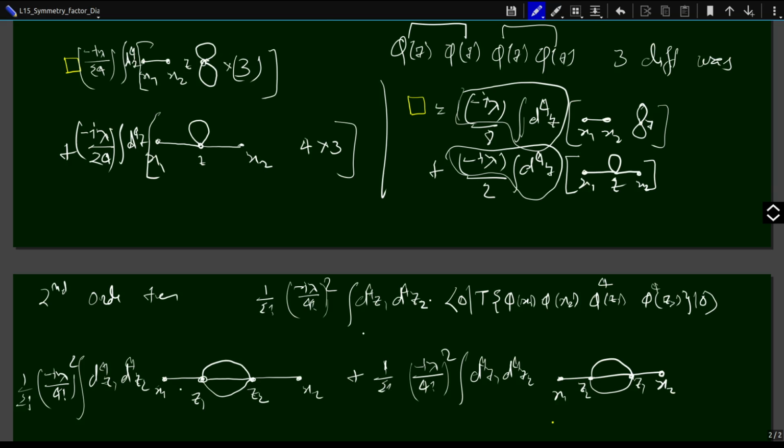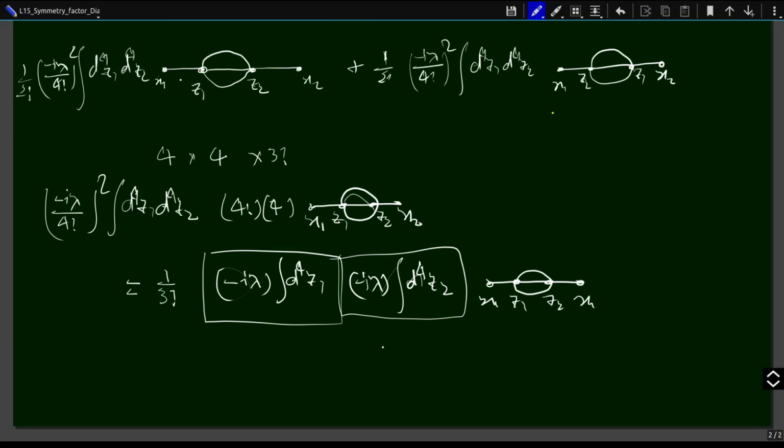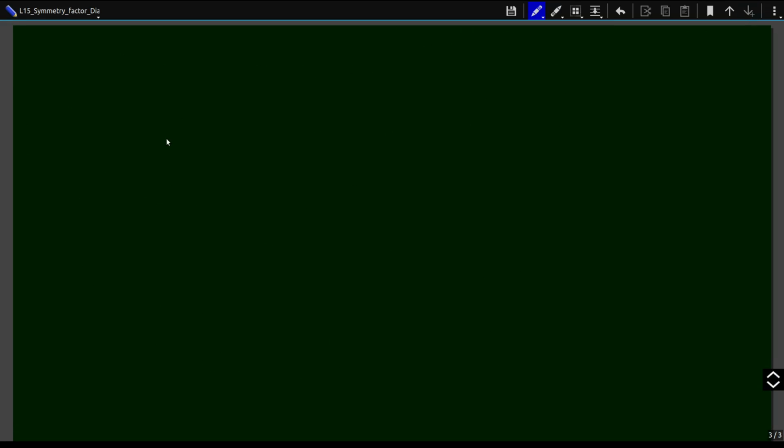Since all the diagrams that we are interested in have non-trivial symmetry factors, let's look at at least one diagram and one kind of case, which is the 4-point Green's function. So I'm looking at the time-ordered product of φ(x1), φ(x2), φ(x3), φ(x4), just the vacuum expectation value.